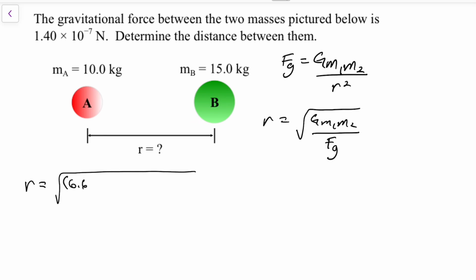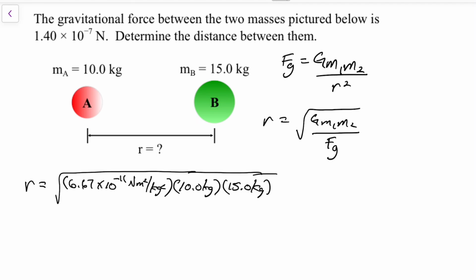So 6.67 times 10 to the negative 11 newton meters squared per kilogram squared, mass 1, 10.0 kilograms, mass 2, 15.0 kilograms, divided by the gravitational force between them, which was given as 1.40 times 10 to the negative 7 newtons.